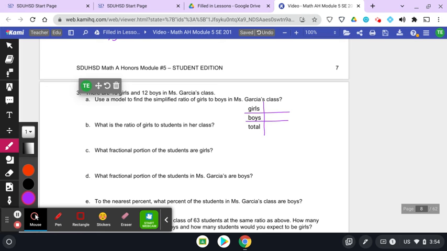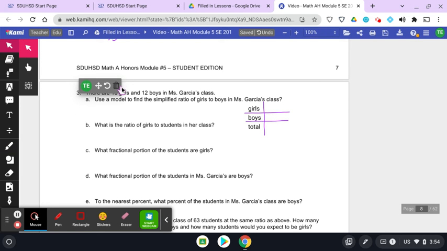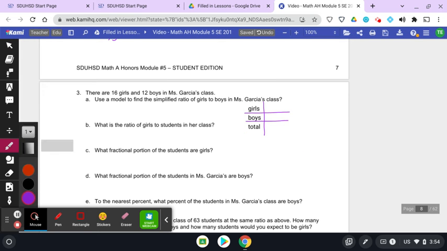It gave me 16 girls and 12 boys. That's a total of 28 people. I want to reduce that. Those are all divisible by 4. So 4, 3, 7. If I wanted to find a model, I'd have 7 sections. 1, 2, 3, 4, 5, 6, 7 sections. 4 of the sections would be girls.